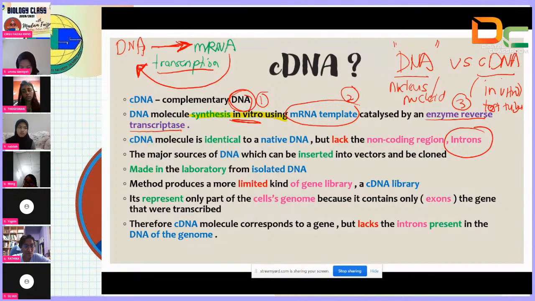So what is the name of the method to produce cDNA? What is the name of the process? Ask your friend outside. Name the process of cDNA. To form cDNA, what is the name of the process?